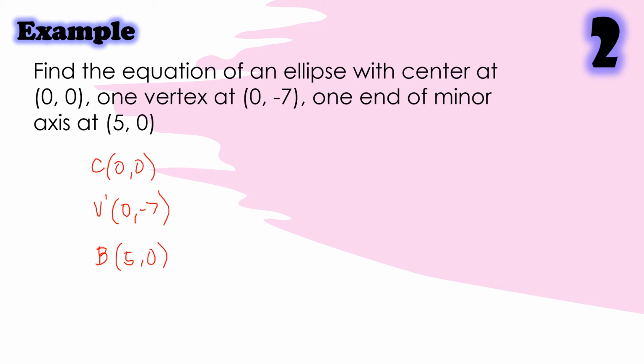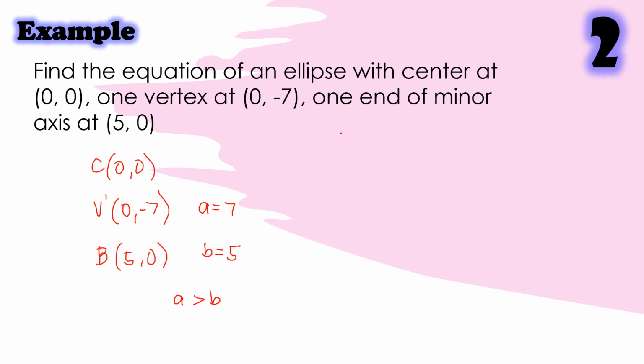Hence, we can get the value of a as equal to 7 and b as equal to 5. Since a is greater than b, we have an ellipse with major axis along the y-axis.